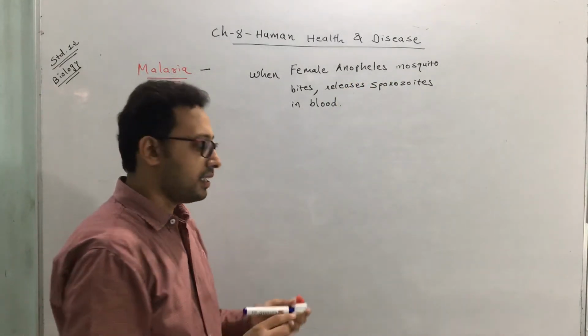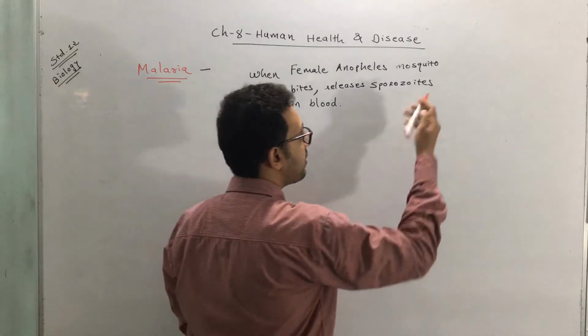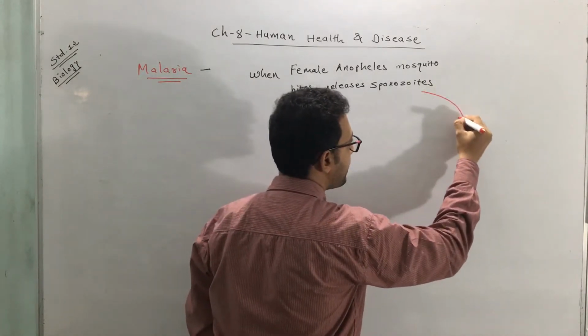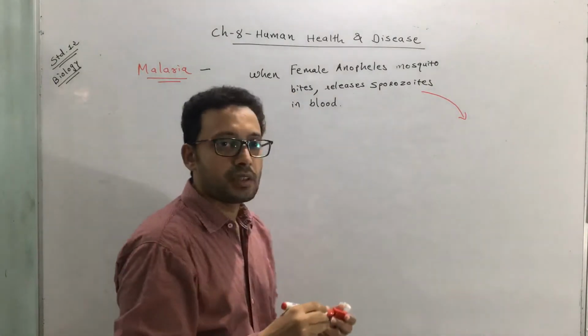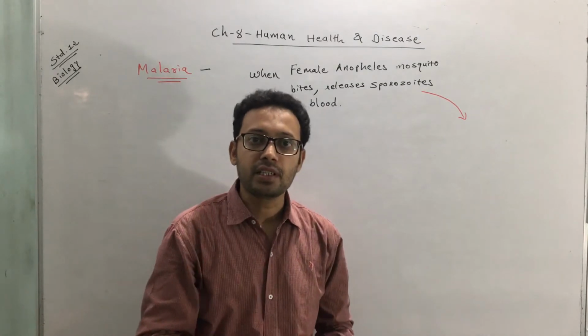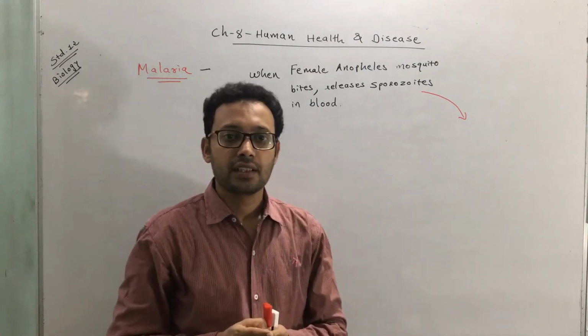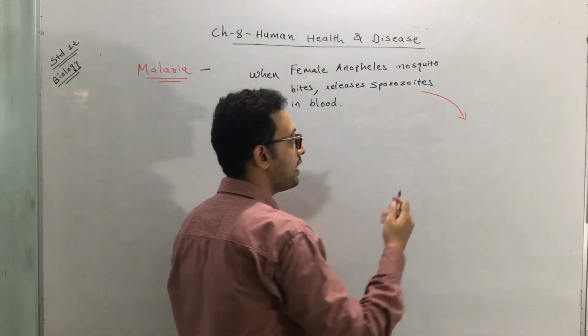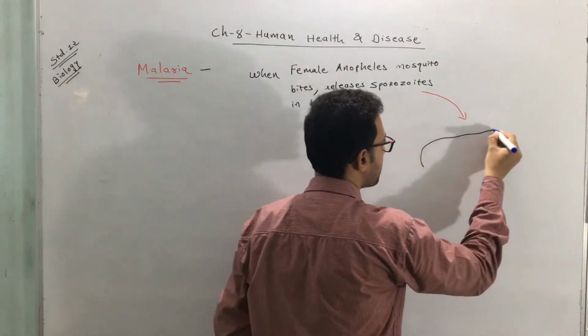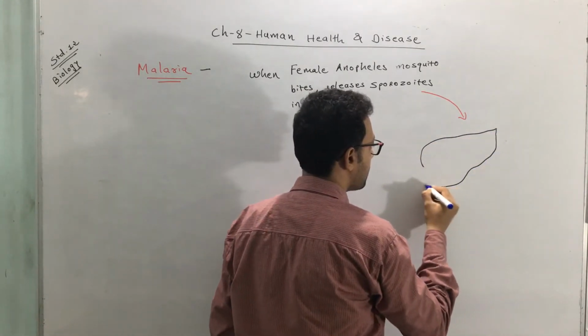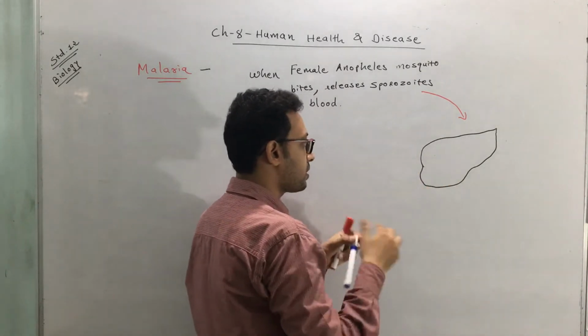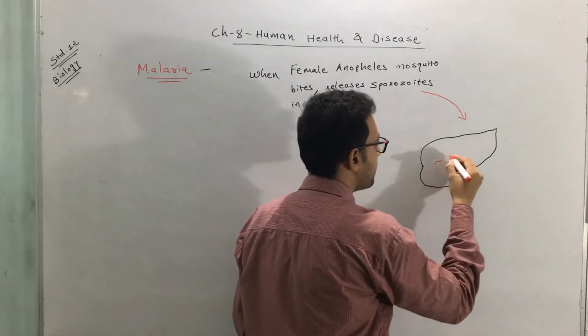Okay, now you know that this blood is continuously circulating in our body. So what happens? The sporozoites which are released in the blood are also circulating and they enter the liver.